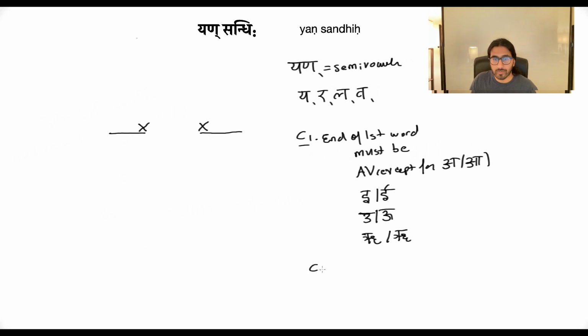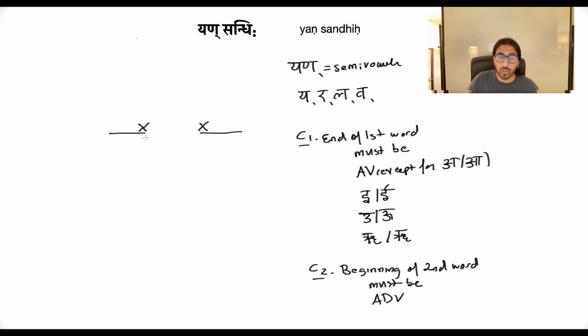Condition 2. The beginning of the second word, okay? Beginning of the second word must be a dissimilar vowel. Any dissimilar vowel. Okay? So what does this mean? If over here you have an i or ii, the second word cannot begin with an i or ii, right?